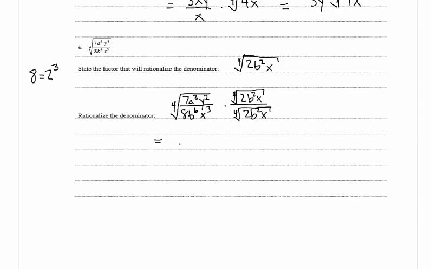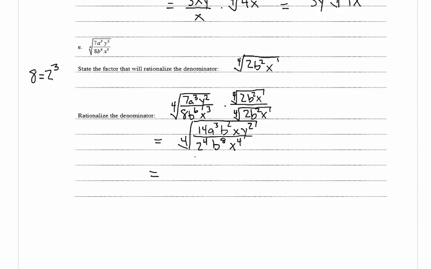And this is equal to the fourth root of 7 times 2 is 14, a cubed, b squared, x, and y squared, all divided by, now I'm going to write 8 as 2 cubed times 2, which is 2 to the fourth. And then we have b to the sixth times b squared is b to the eighth. And we have x cubed times x, which is x to the fourth.